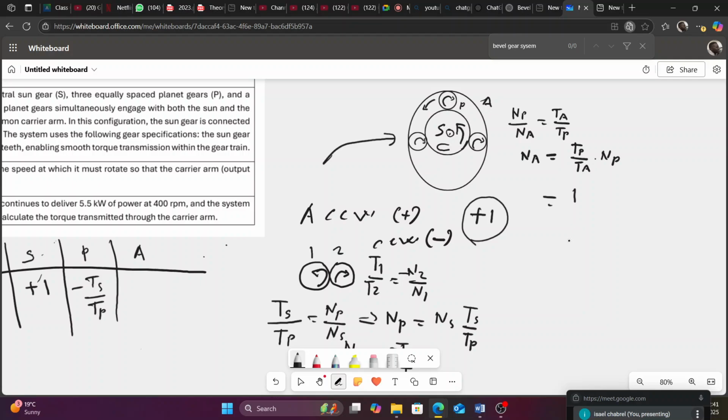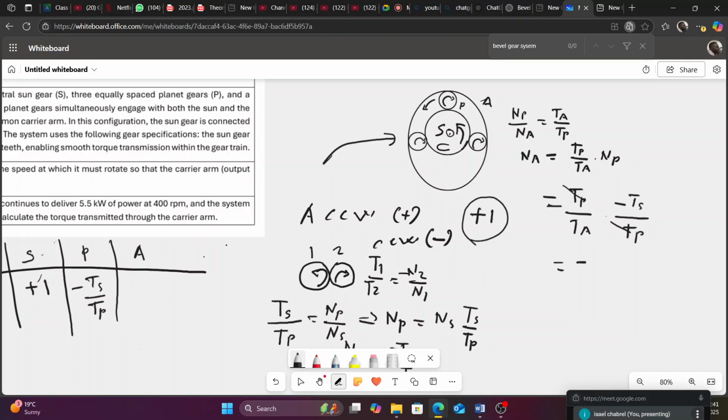So you can continue here by saying that NA is equal to TP over TA multiplied by minus TS over TP. Don't confuse the equal sign with the minus. So you find that TP cancels TP.